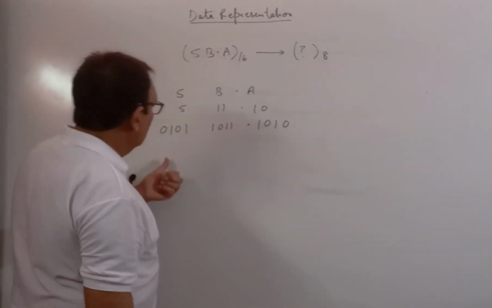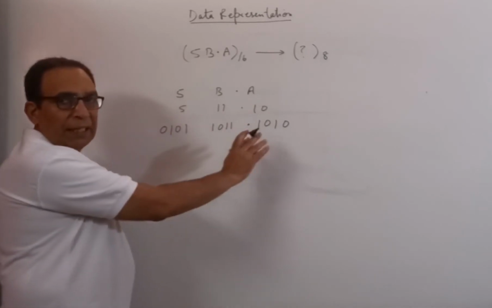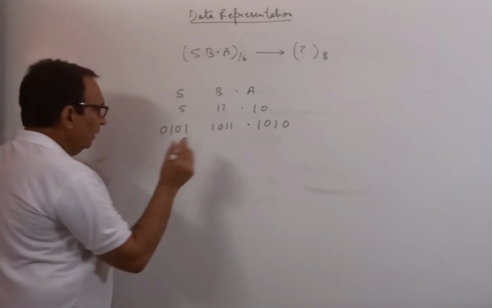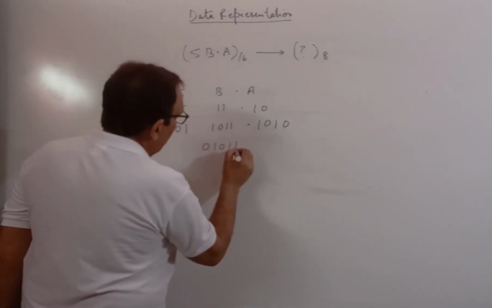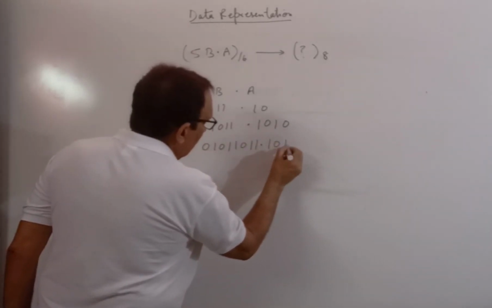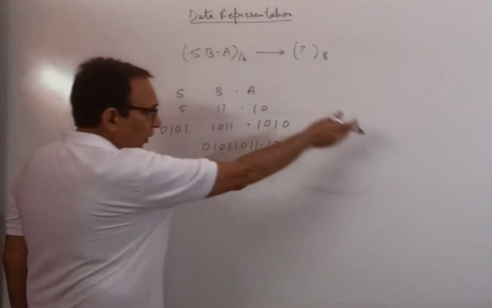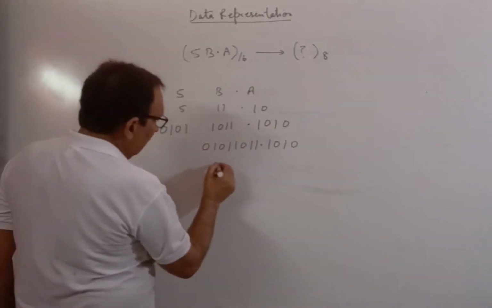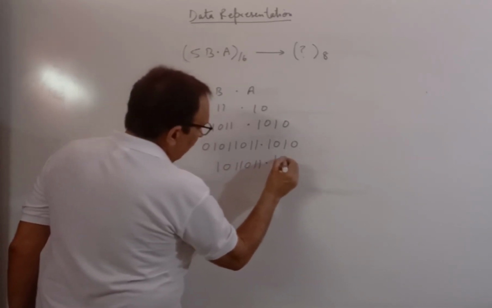Now what you do, group all these together, meaning write the complete chain of binary bits: 0101 1011 point 1010. The 0 before the number and the 0 at the end of the number after the decimal point are meaningless. So here you are writing 1011011.101.